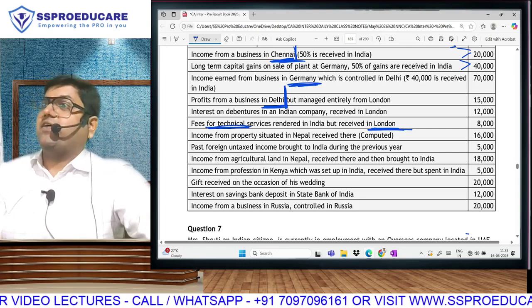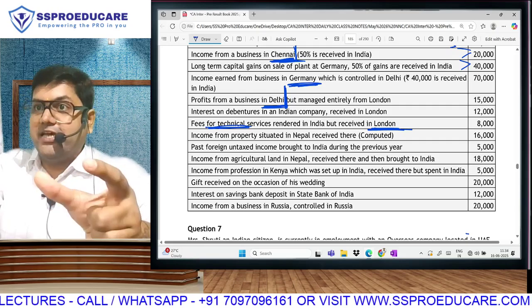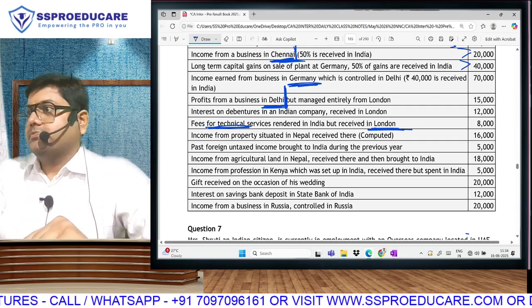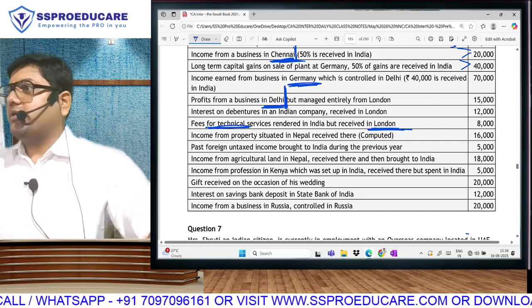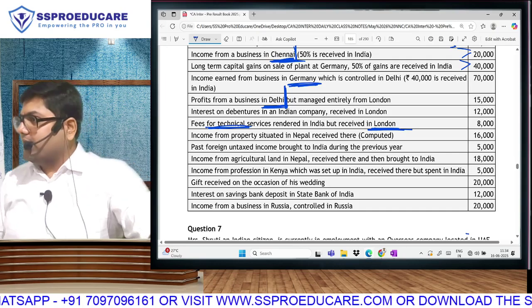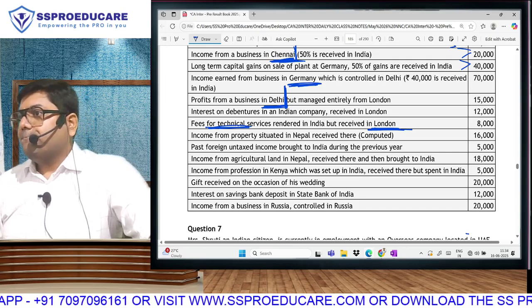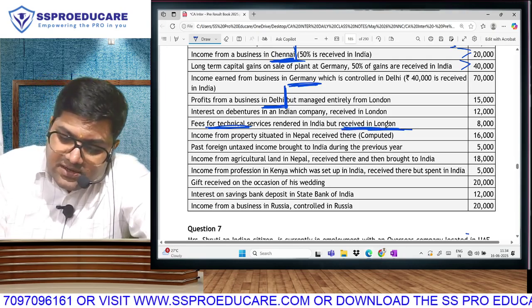Customer is based where? Customer is using my service where? Customer's place of usage is the place of income. Still, if I am resident, I will still pay tax. But if I am non-resident, I can't pay tax on services which my customer has used in London. Is that clear now? Customer is using the service in London.